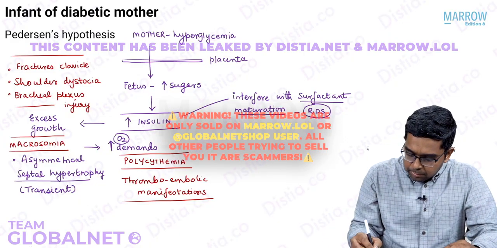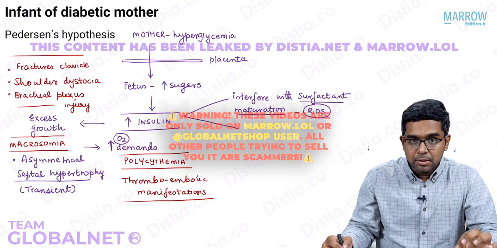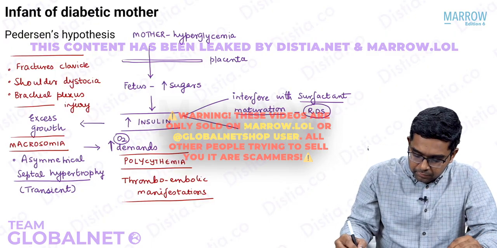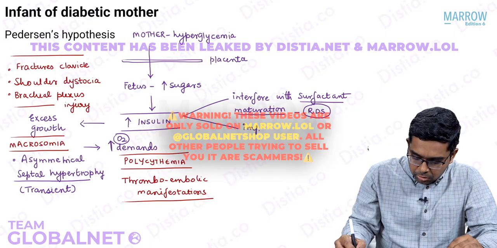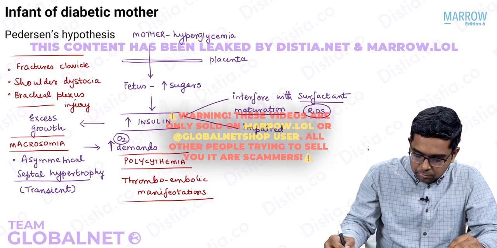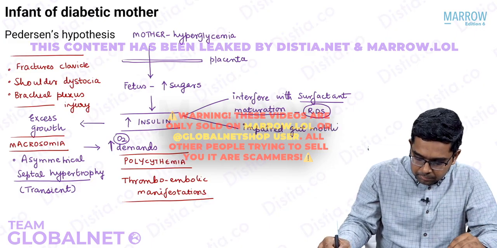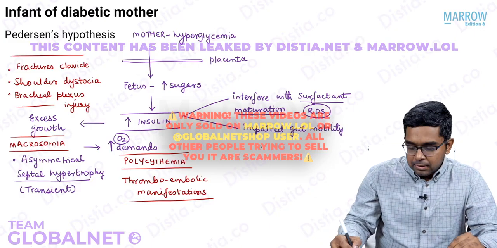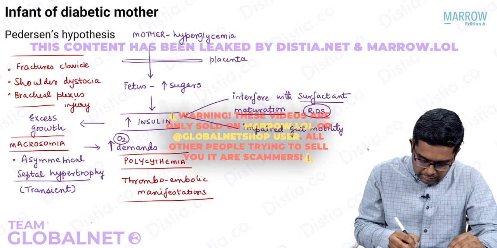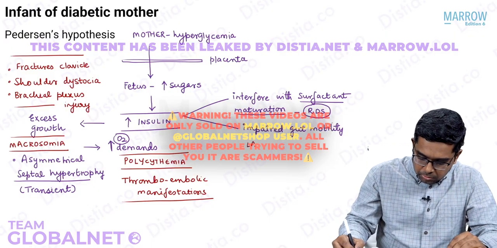Next important problem with this increased insulin is it can also interfere with the gut motility, or impaired gut motility can occur, especially the colon motility is impaired, and this condition is what we call lazy left colon syndrome.